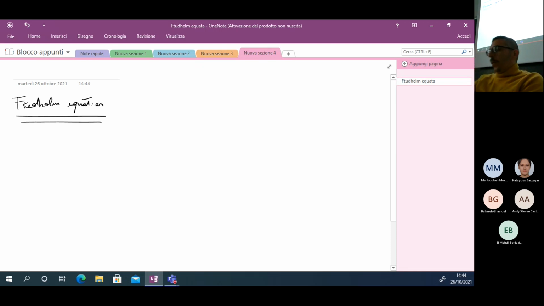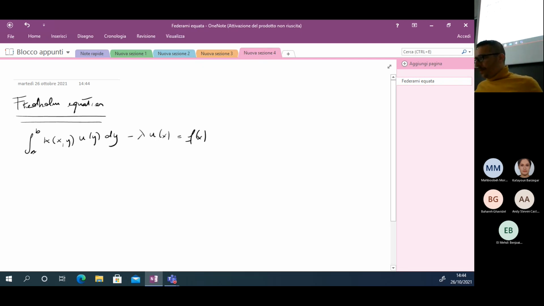If you remember, we defined the Fredholm equation, when we defined the general integral equations, as the equation that can be written in this way: the integral between a and b of k x y u y dy minus lambda u of x equal to f of x.